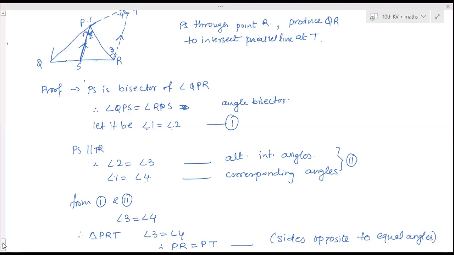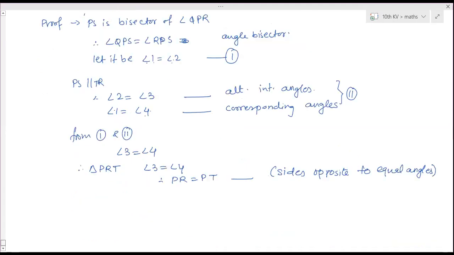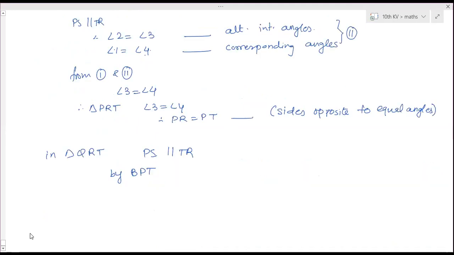Now in triangle QRT, PS parallel to TR. So by BPT, we can write QS by SR is equal to PQ by PT.